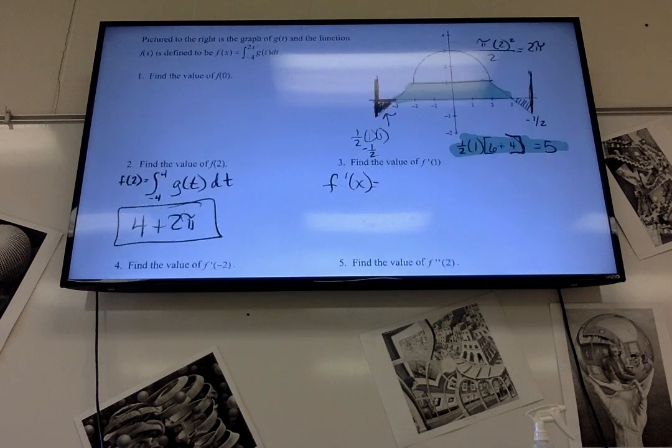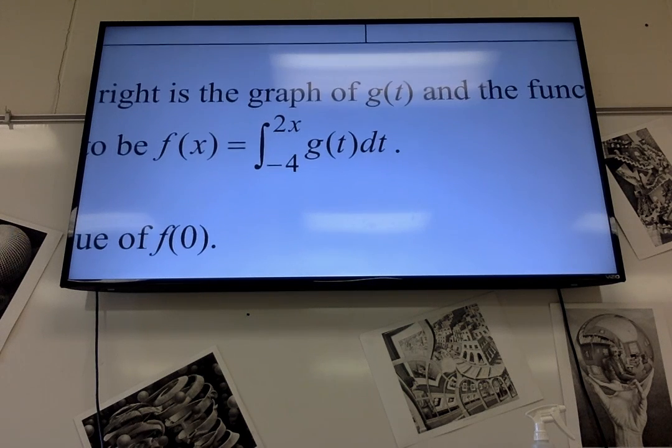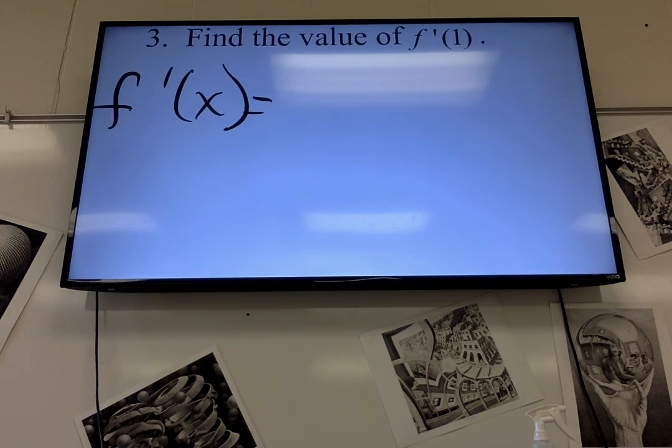It'd just be 2x, and you're going to put that in place of the upper limit, and then you're going to take it times the derivative of this. So it's g of 2x times 2.